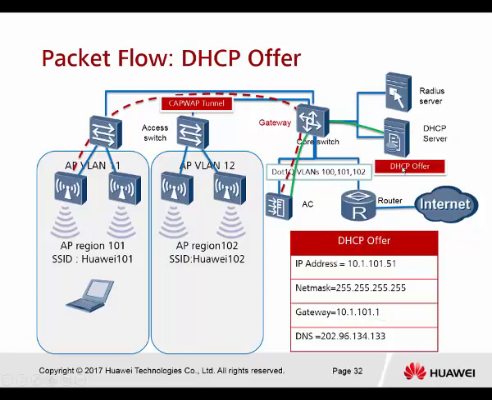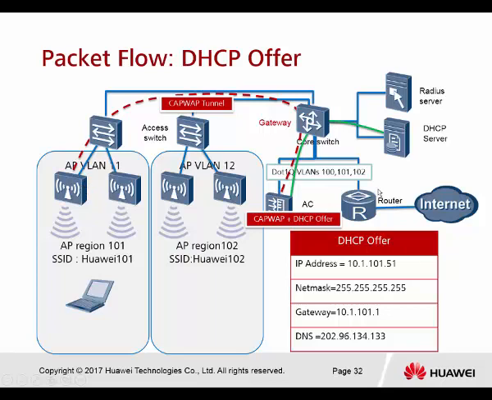The DHCP server creates the DHCP offer. It will send it to the controller first, because only the controller knows where this user is. The AC is going to put the DHCP offer inside its own tunnel, because this offer has to use the tunnel to return to the AP.